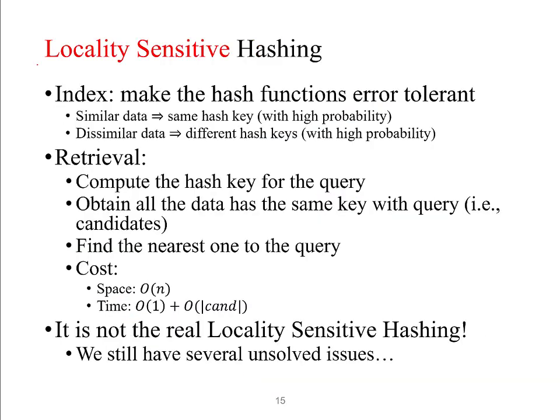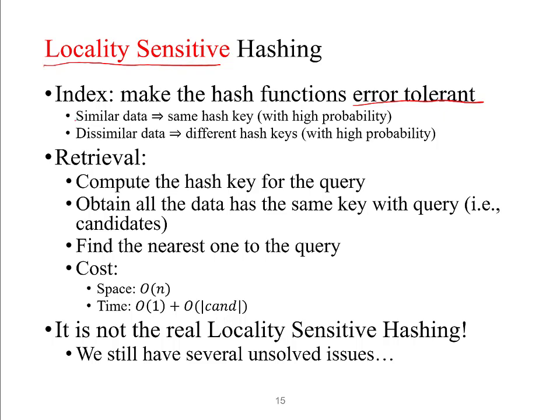Now let's look at the other part of LSH, which is locality sensitive. With locality sensitivity, it is possible that we can use it in nearest neighbor search. The idea is we want to make the hash functions error tolerant.